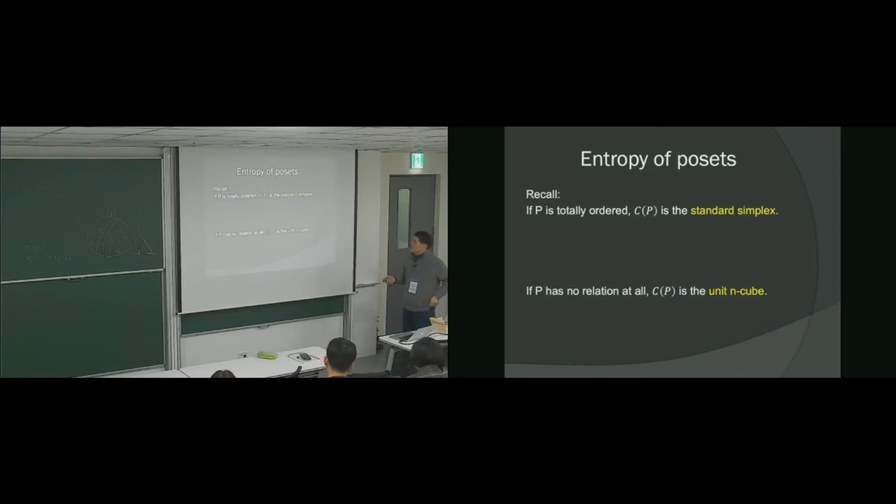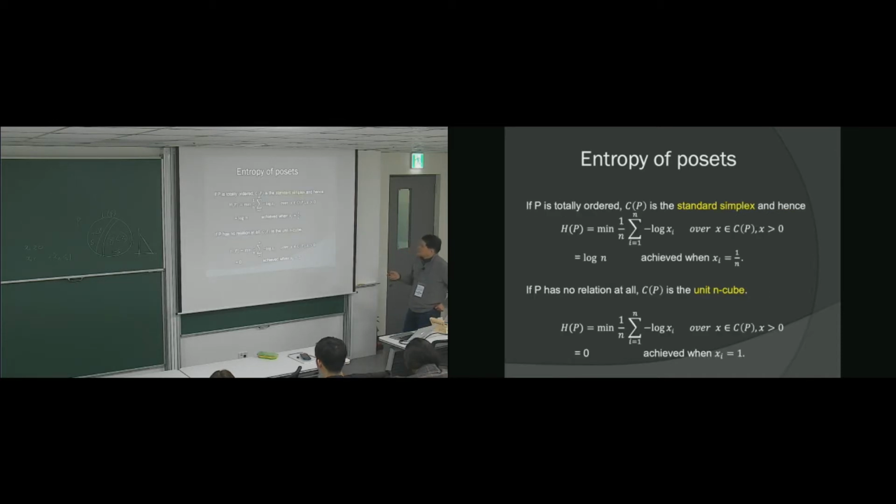Anyway, if P is a totally ordered set, then I have told you the chain polytope is the standard simplex, and if we have no relation, then it's the unit cube. So the entropy of a totally ordered set is this minimum over all x in the simplex.